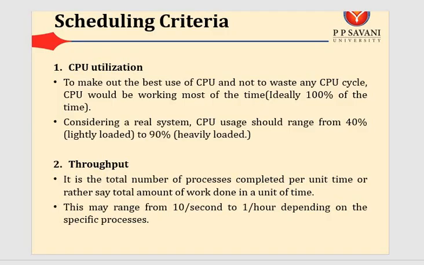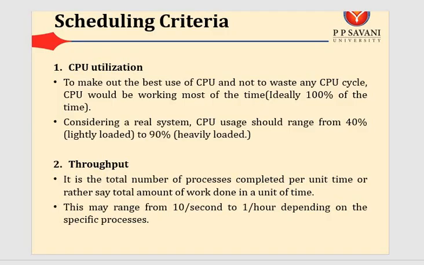First one, that is CPU utilization. In CPU utilization, the aim is to make the best use of the CPU and not to waste any CPU cycle. The CPU should be working most of the time, ideally 100% of the time, but it is not possible to use the CPU 100% because it has several limitations.